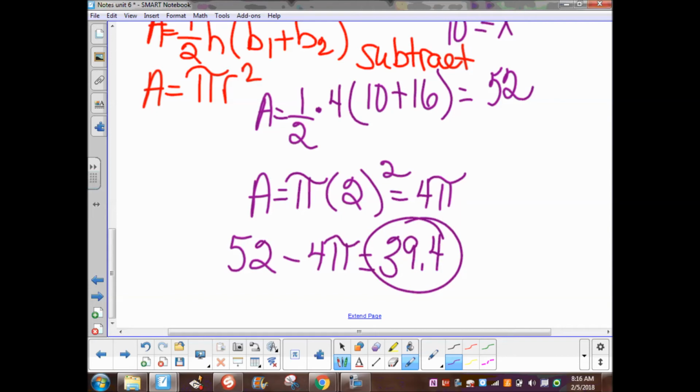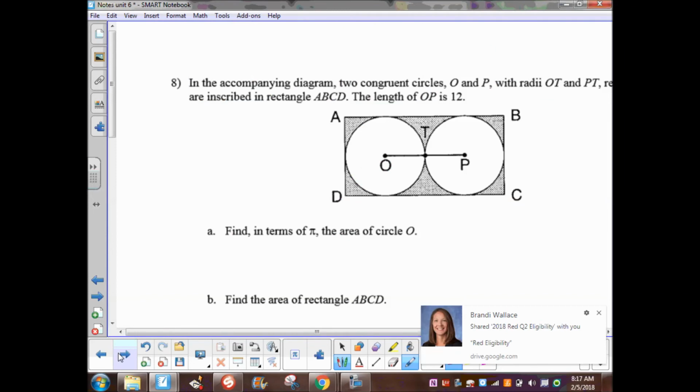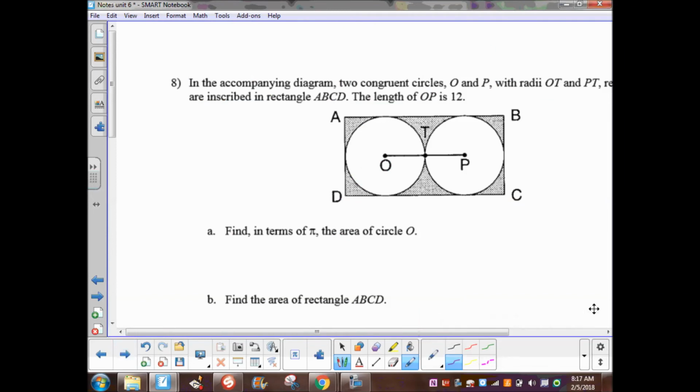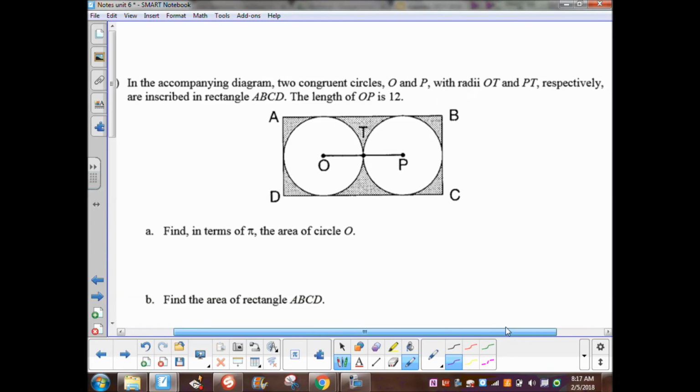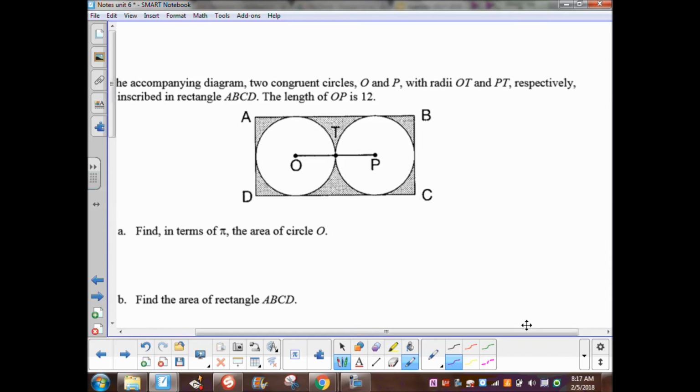Okay. All right, flip it. Let's do number 8. Number 8 says in the accompanying diagram, 2 congruent circles, so they're the same size, O and P, with radii OT and PT, respectively.